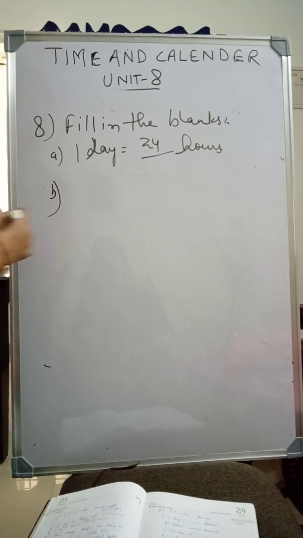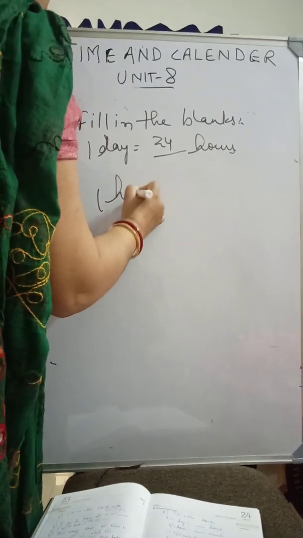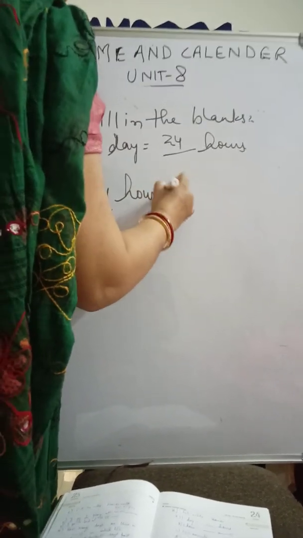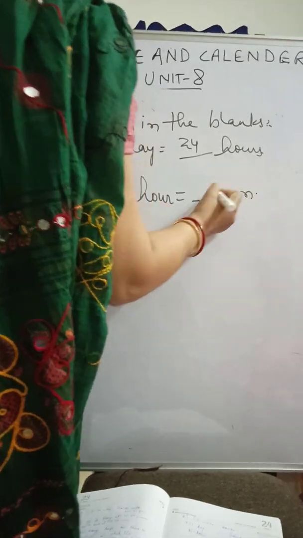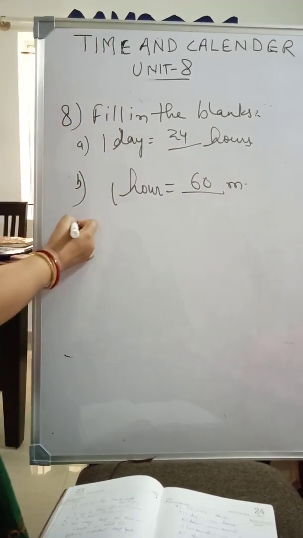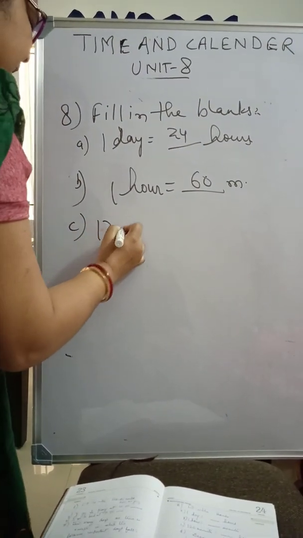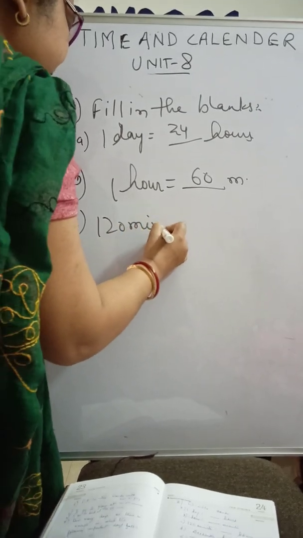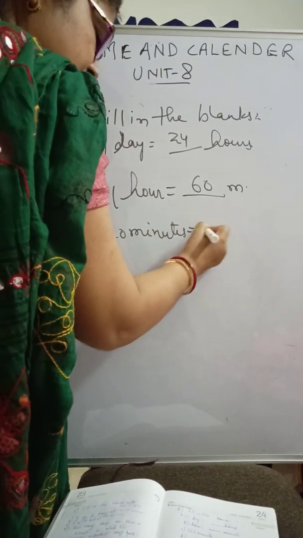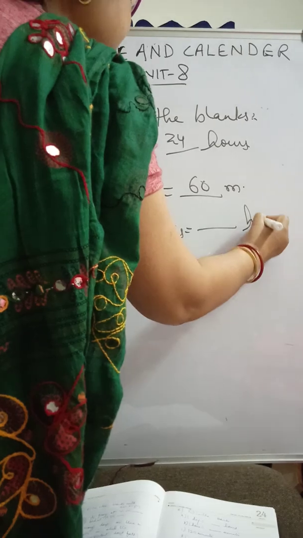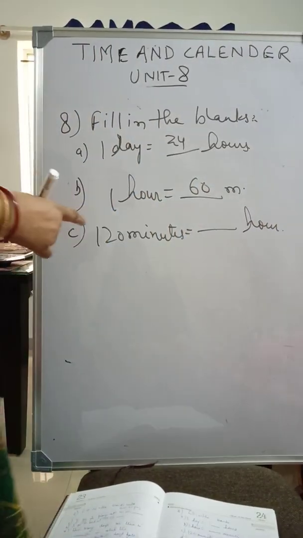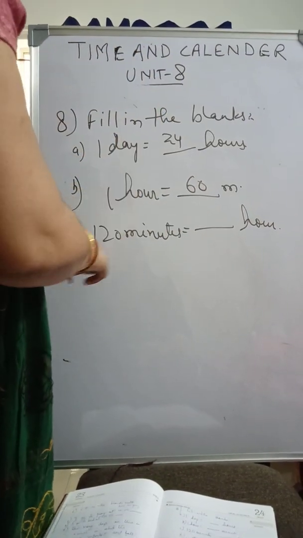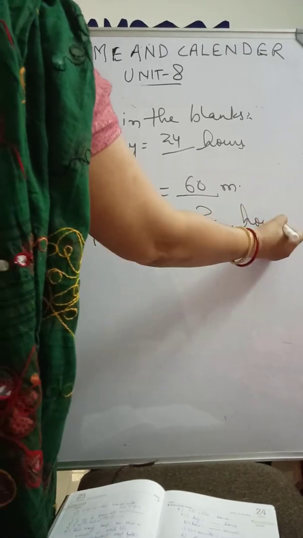Now next, 1 hour equals how many minutes? It is 60 minutes. Now see, 120 minutes equals how many hours? 60 minutes is equal to 1 hour, so 120 minutes means 2 hours.